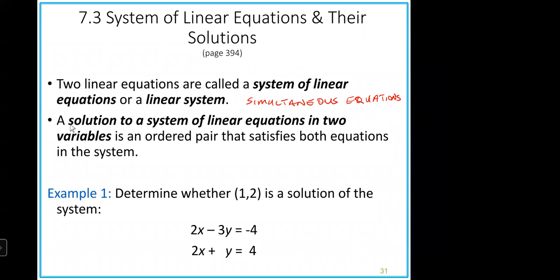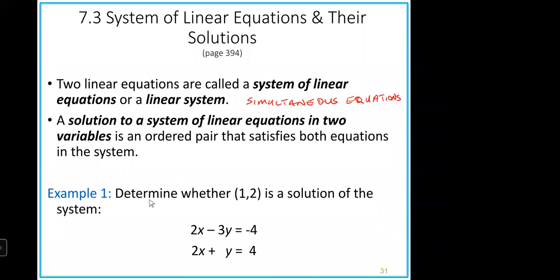All right, so now it says here that a solution to a system of linear equations in two variables is an ordered pair that satisfies both equations. So if you have two equations like this, if you have a value that is supposed to be the solution, it should work for both of them.